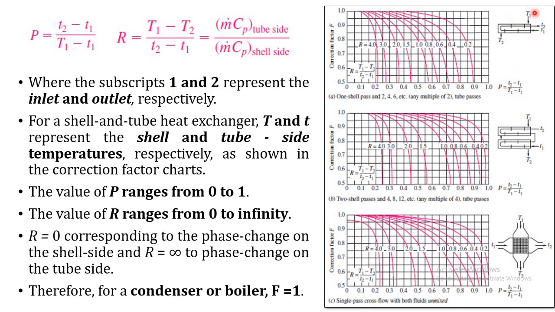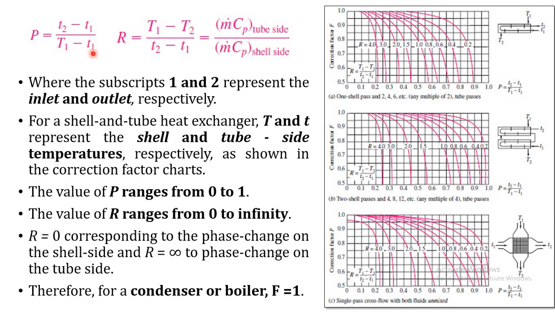You can see in this figure, small t1 is the tube side fluid inlet temperature, small t2 is the tube side fluid outlet temperature, and capital T represents the shell side. Capital T1 is the inlet temperature of the shell side fluid and capital T2 is the outlet temperature of the shell side fluid.